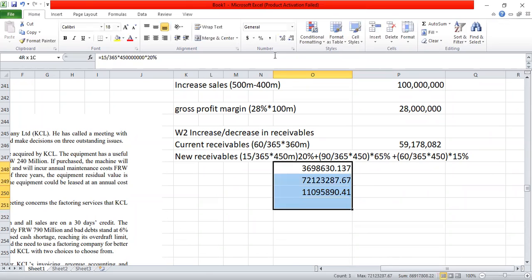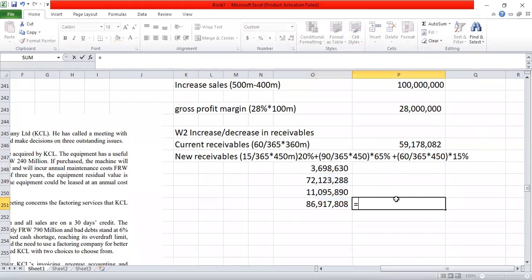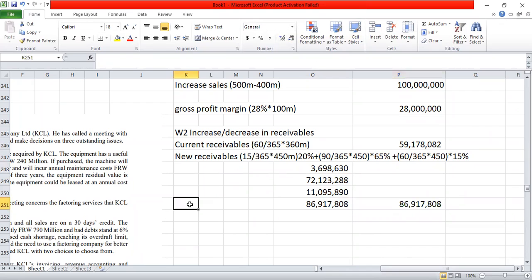I have a total of, so our receivables are increasing. These are going to be the new receivables.